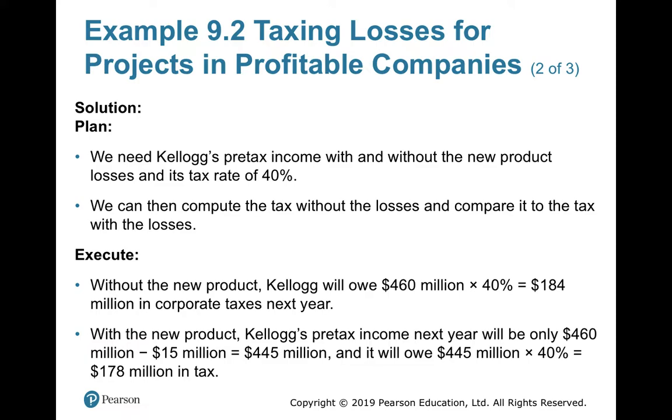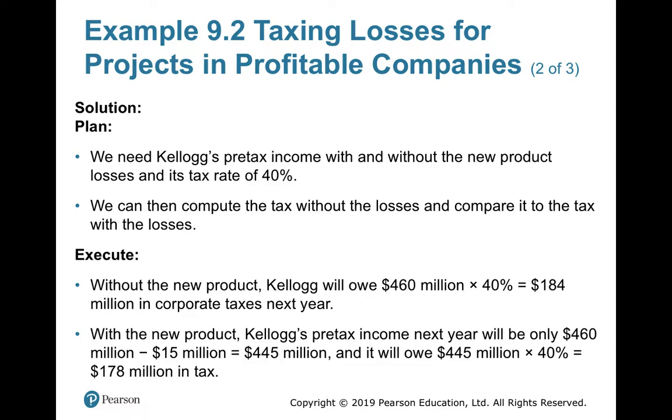Then what will be the new pre-tax profit? 460 normal profit minus 15, the loss from the new product, so 445. If 445 is the pre-tax profit, then what will be the tax? 40% of that, 178 million.